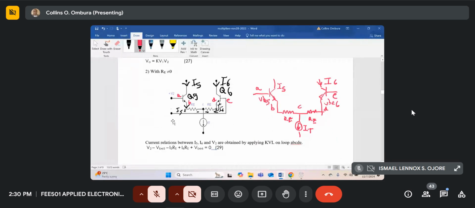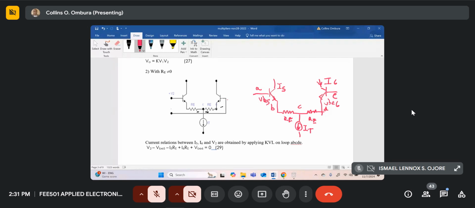Well, I know it looks a bit messy. Okay, let me just try and clean it up a bit. So this is our transistor Q5.